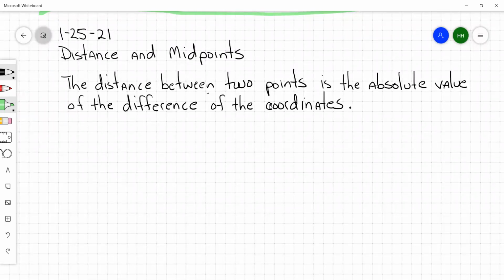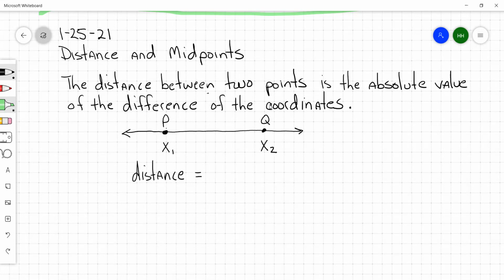So if you've got a segment and point P is at x sub 1 and point Q is at x sub 2, then the distance is equal to the absolute value of whatever x sub 1 is minus whatever x sub 2 is, whatever those values are.